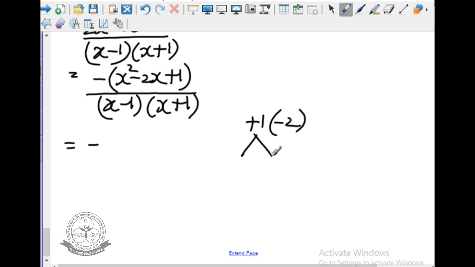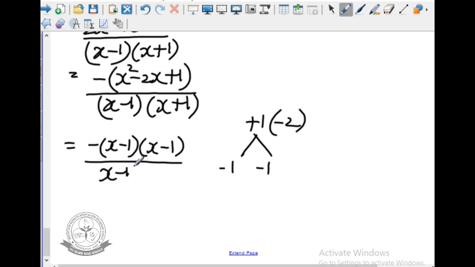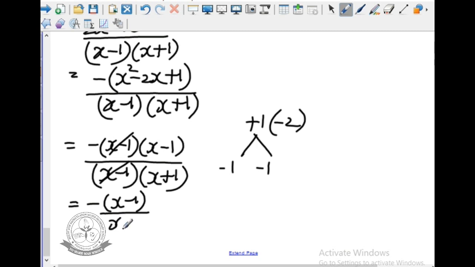So for 1 the factors are 1 into 1, minus 1 minus 1. So this can be written as x minus 1 into x minus 1, whole divided by x minus 1 into x plus 1. The x minus 1 gets cancelled, the remaining term is minus x minus 1 divided by x plus 1. So this is the answer.